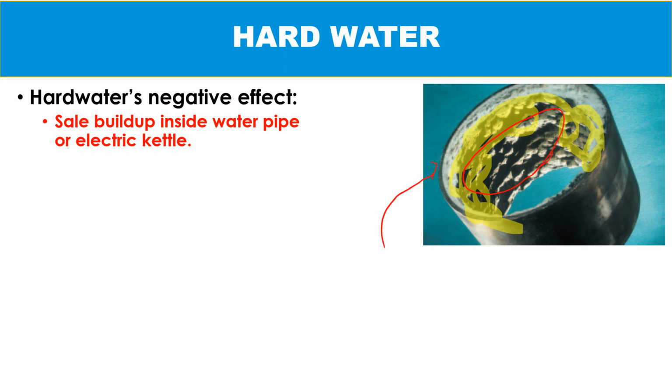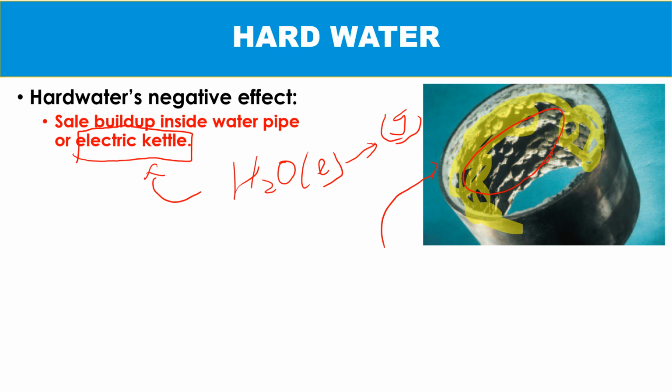The buildup is happening because water is so hard. What's a good example? Oh, I put it in the note over here. Smart Mr. Kim. Electric kettle: if you have been using an electric kettle for a long time, you may notice that when you heat up water and pour it into your mug for instant coffee, tea, whatever you like, there is a white buildup.